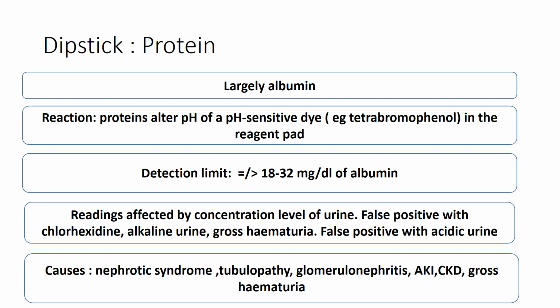So just because you found protein on dipstick does not necessarily mean your patient has nephrotic syndrome. Obviously, you'd have to check their blood and correlate that with the level of serum albumin.